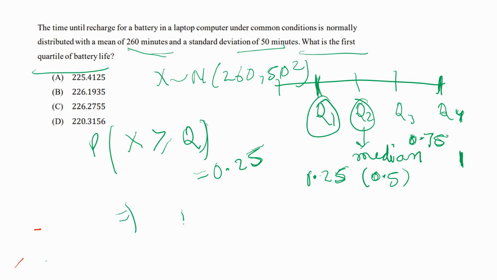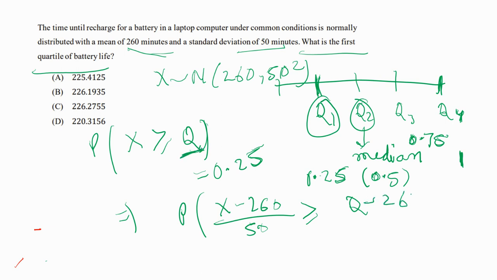So it will be the probability of (x minus 260) by 50 greater than q, and this is the q we want to find, equal to 0.25.